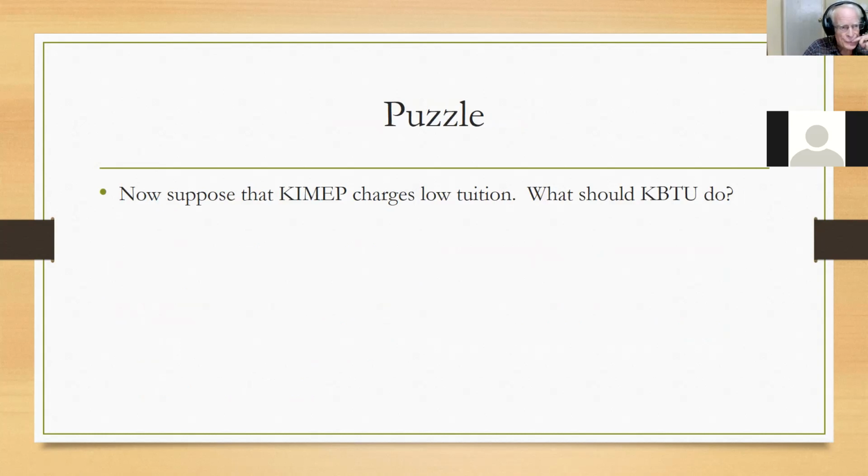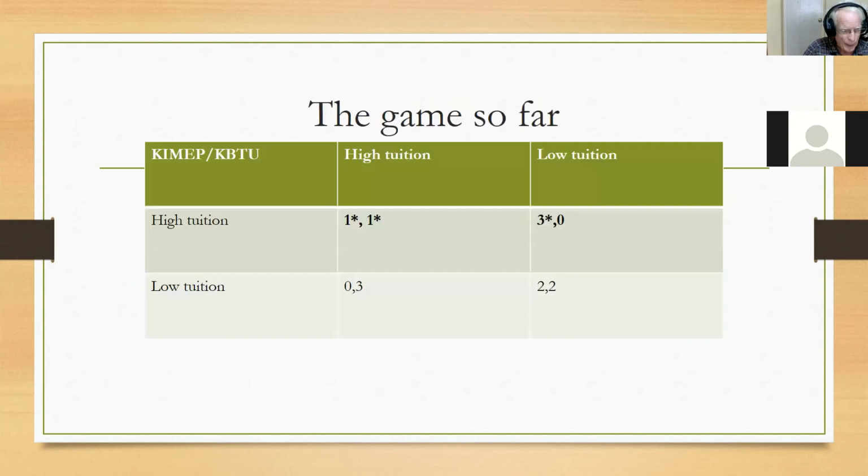Now, suppose instead that CNET charges not high tuition, but low tuition instead. What should KTTU do in that case? I will give you a moment to look at the game and, for 1 point of extra credit, suggest the best response for KTTU to low tuition from CNET.